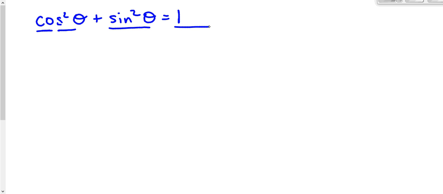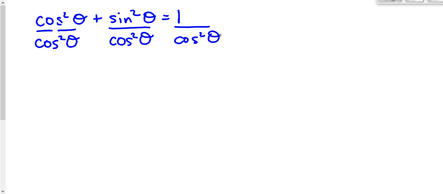So what we do is we start with that one, cosine squared theta plus sine squared theta equals 1. And we divide both sides of the equation by cosine squared theta. Now if you divide a sum by something, then you're dividing each individual term by that. So divide each term by cosine squared theta.